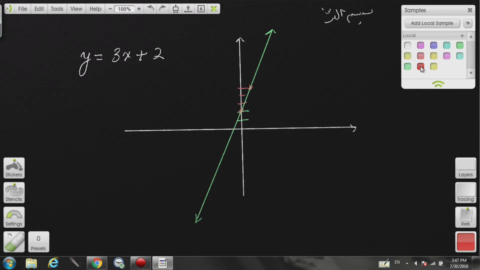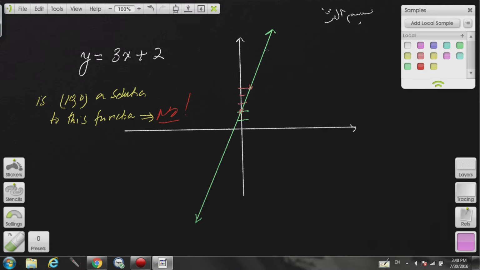So if the question says, is 10, 0 a solution to this function, the answer would be no, clearly not, because it makes this a false statement.